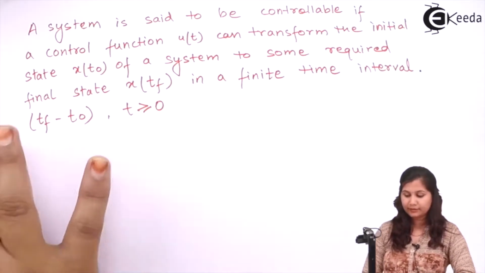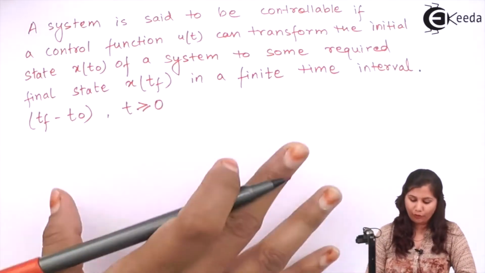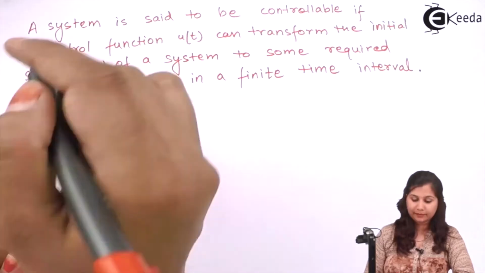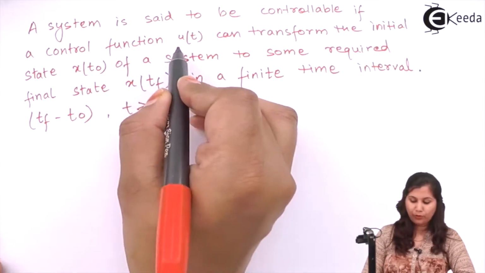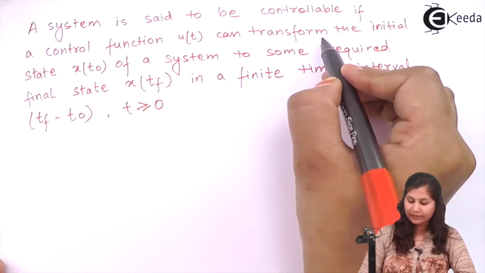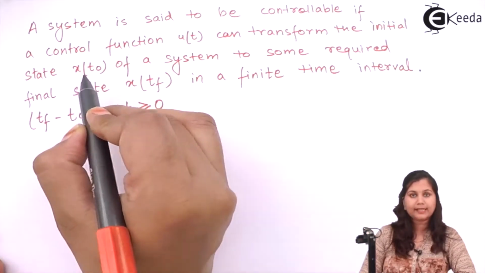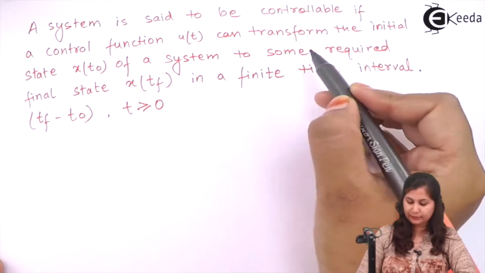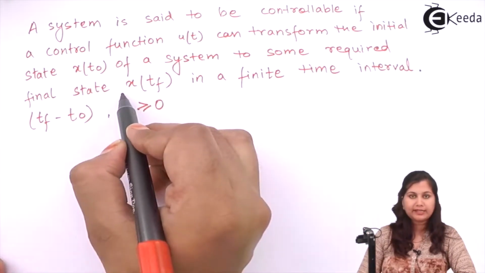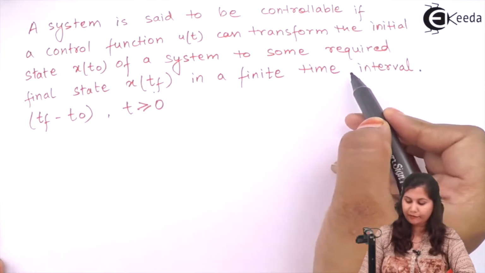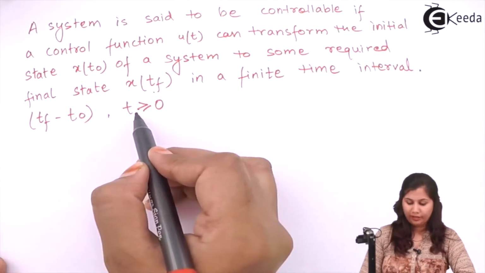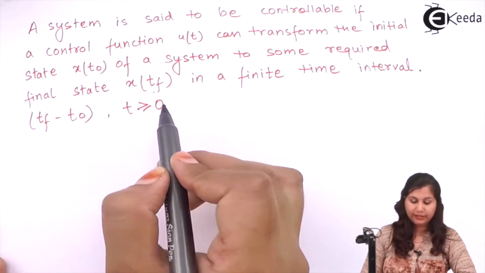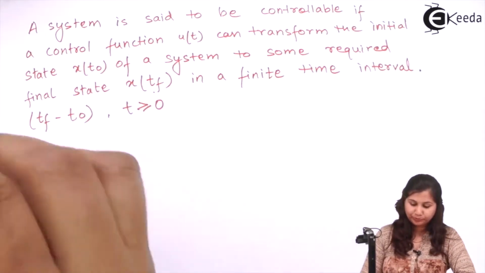So this is the technical definition of the controllable system: a system is said to be controllable if a control function u(t) can transform the initial state x(t0) of a system to some required final state x(tf) in a finite time interval tf minus t0, where t should be greater than or equal to 0.